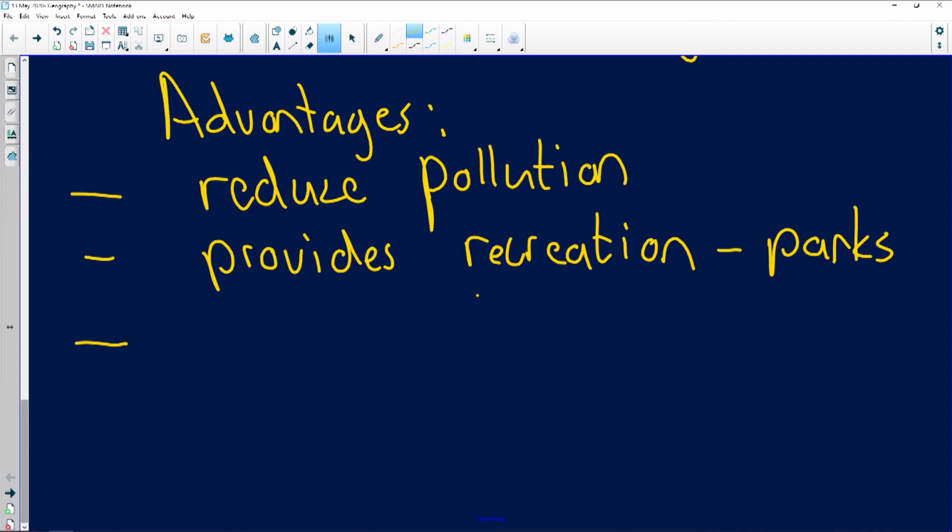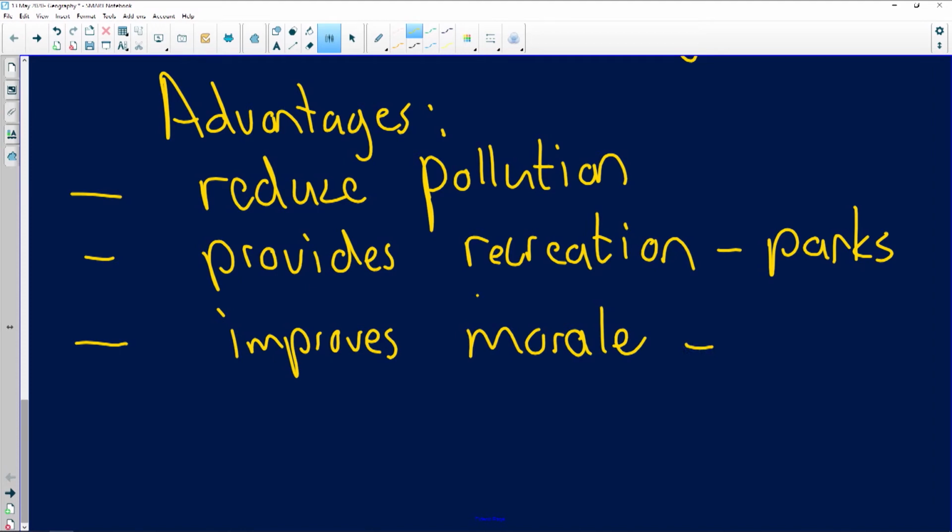And lastly, it improves morale. Especially people can, during the lunch break, quickly take a short walk through the greenbelt areas and have a much better sense of well-being. One point that I want to add over there is it reduces urban sprawl.